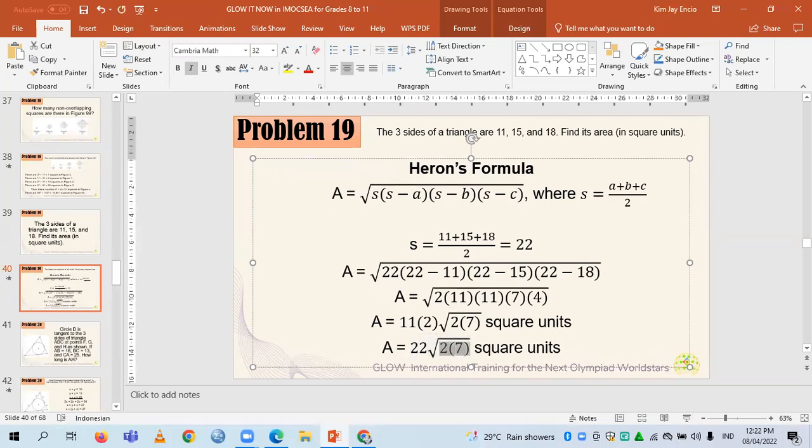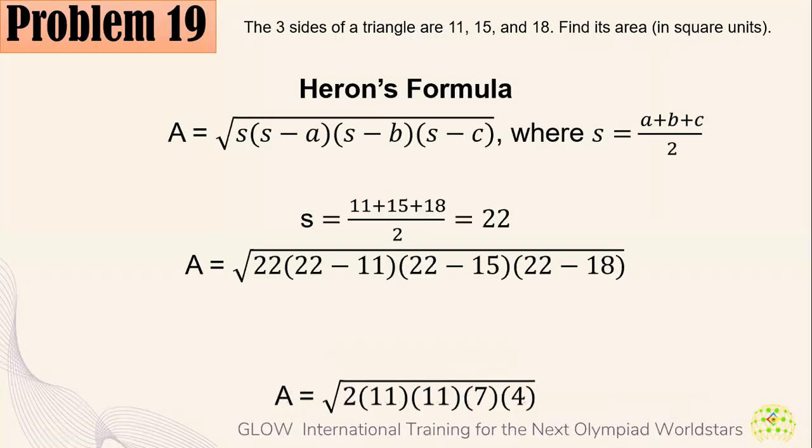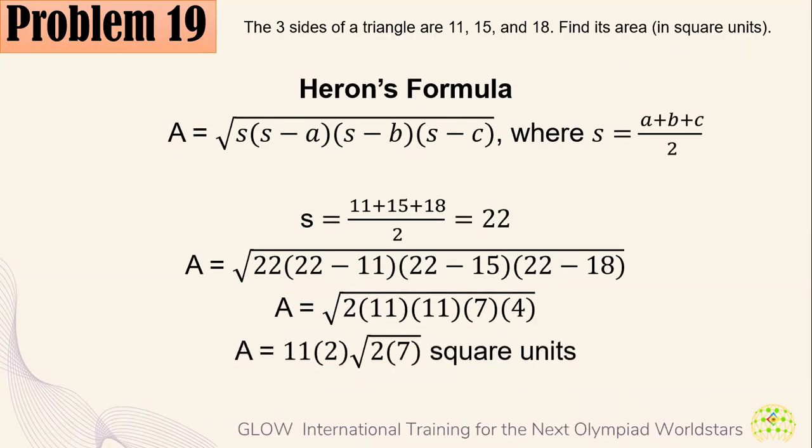And 2 times 7 is 14. So 22 square root of 14 square units is the answer here. We were able to see some corrections along the way in the PowerPoint presentation, and it's a good thing that we are able to correct them as well. And I hope you got this answer correctly.